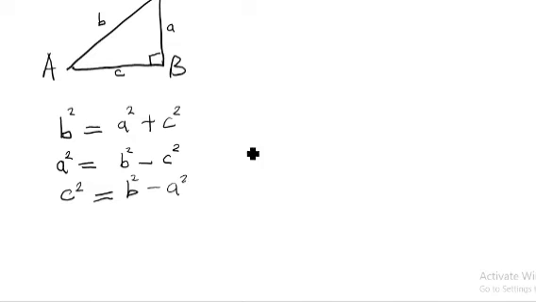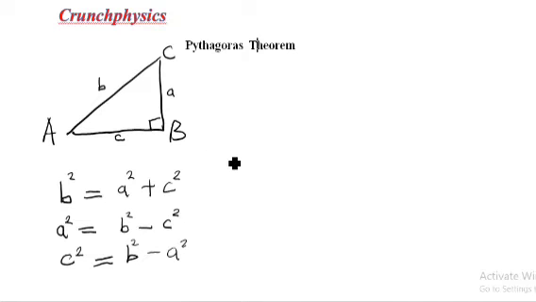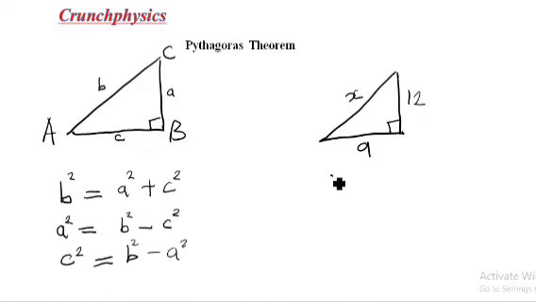So let's solve a real problem. Let's take for example another triangle of the same form. Here it becomes 9, here let's call x, and here 12, and we have to solve this problem.